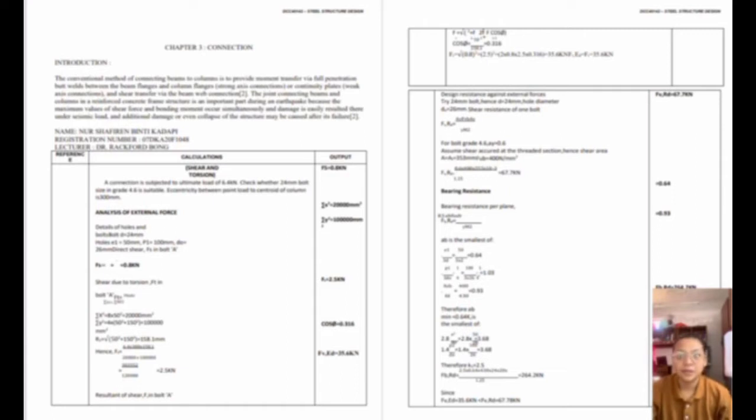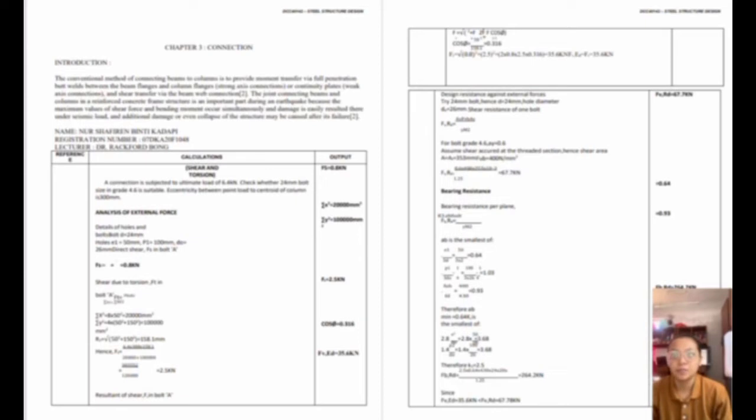Today I'm going to present about connections. The conventional method of connecting beams to columns is to provide moment transfer via full penetration butt welds between the beam flange and column flange, strong axis connection or continuity plates with minor axis connection, and shear transfer via the beam web connection.